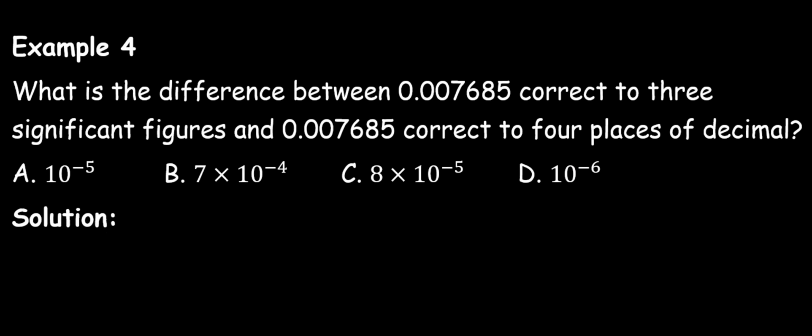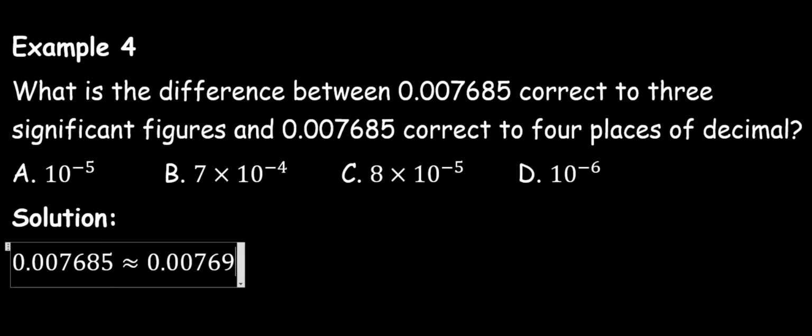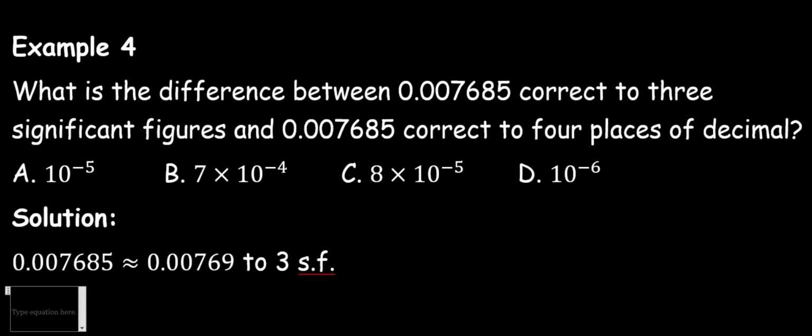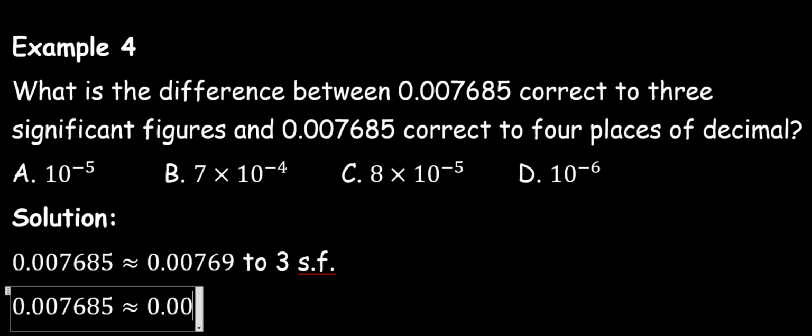Solution: 0.007685 is approximately equal to 0.00769 to three significant figures. Also, 0.007685 is approximately equal to 0.0077 to 4 decimal places.